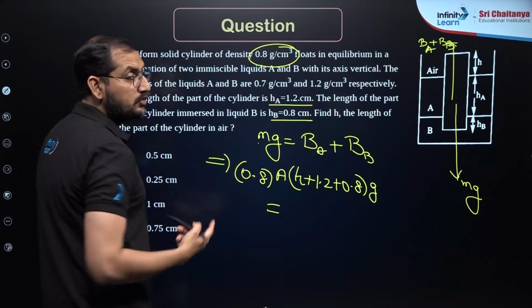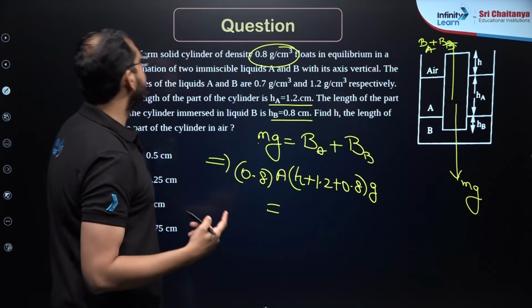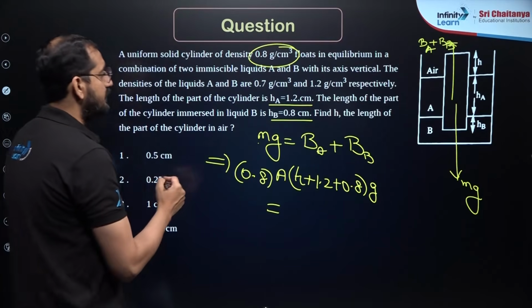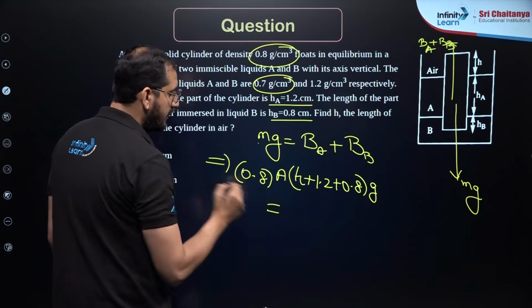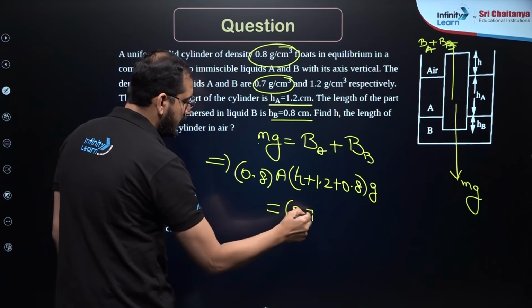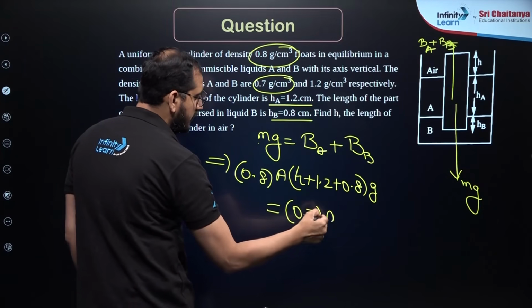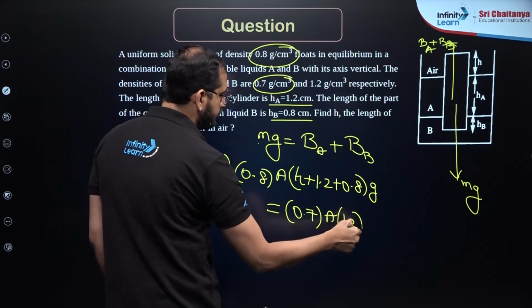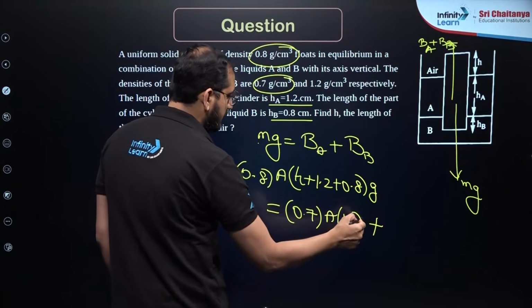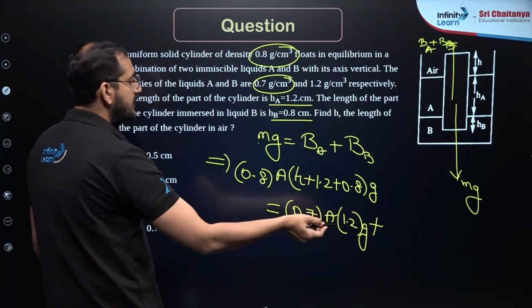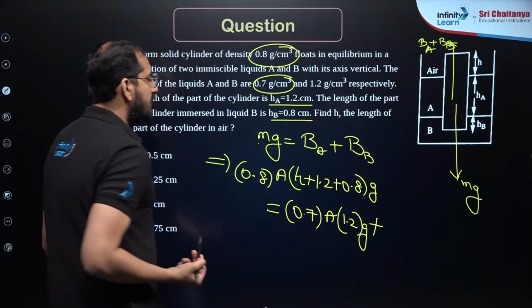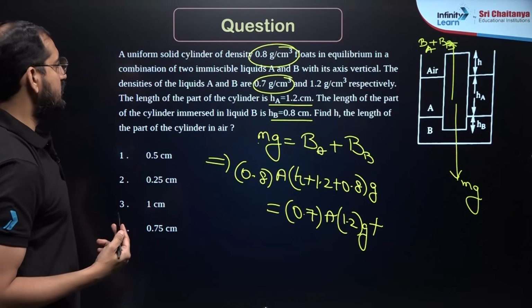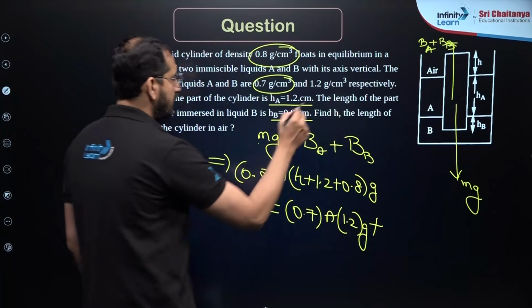Buoyancy, here we need to use the density of liquid A. Where is the density of liquid A? This is the density of liquid A. So 0.7 multiplied by the volume, which is A times HA. HA value is 1.2 plus, okay, into G is also there. Then for the buoyancy B, density of B is how much? 1.2 here.